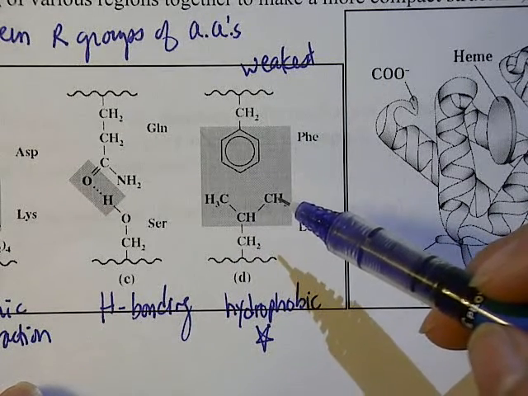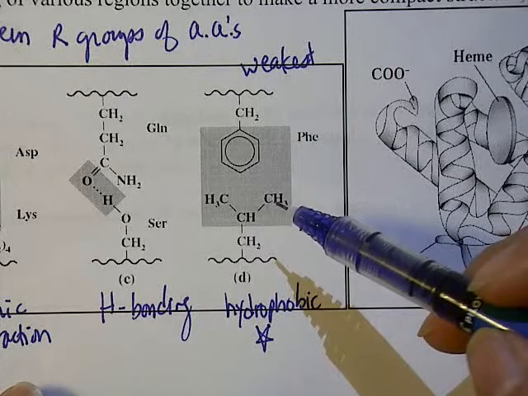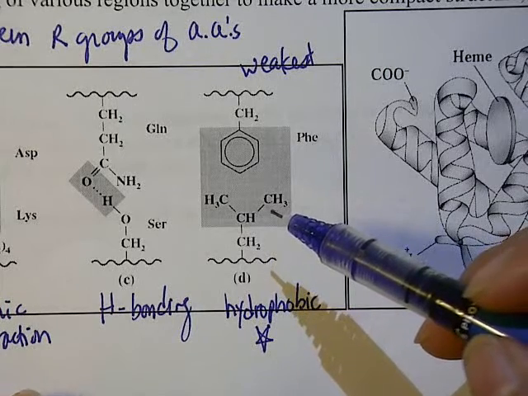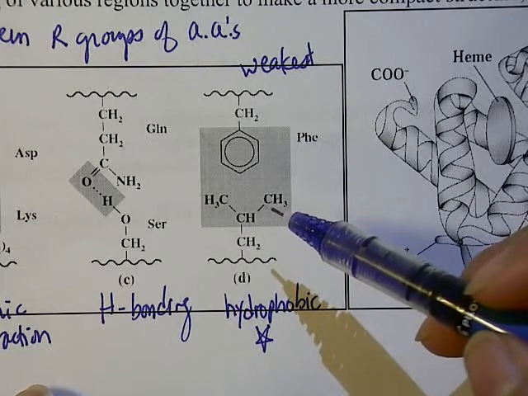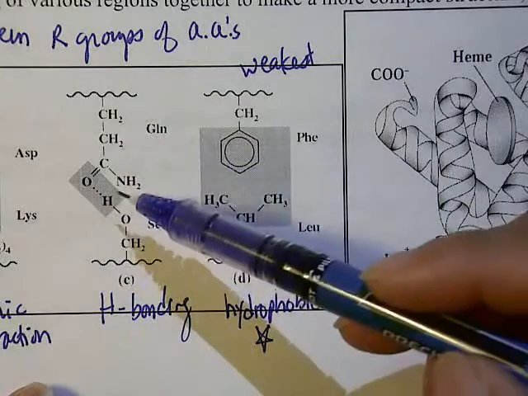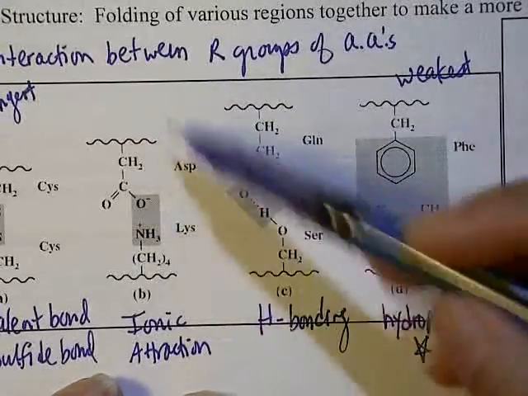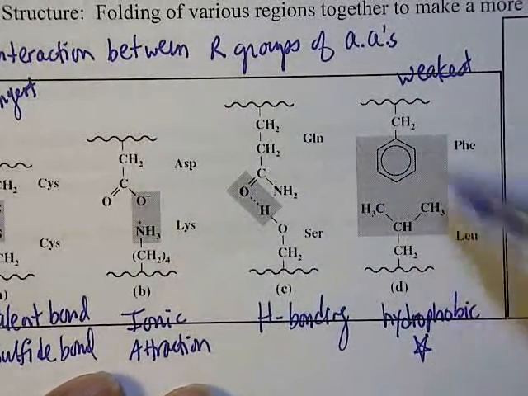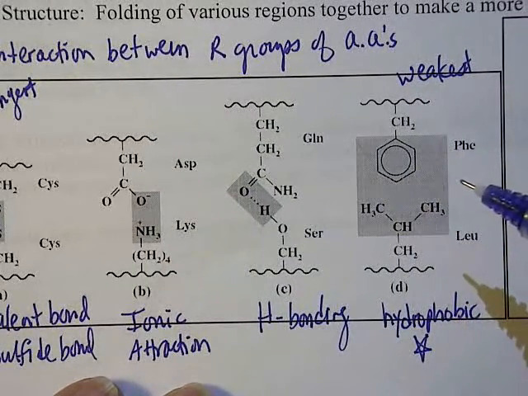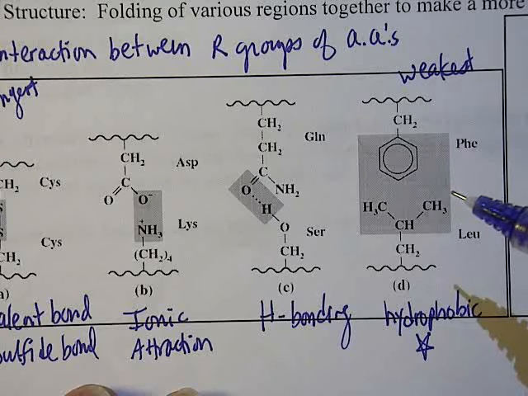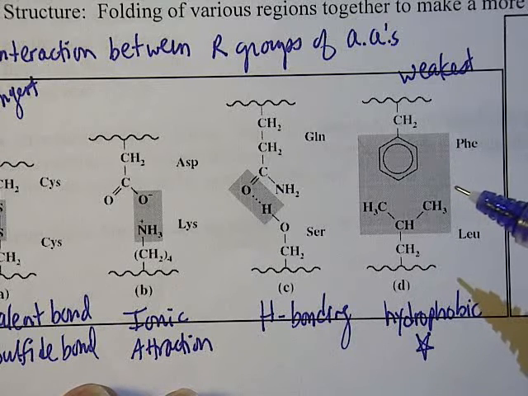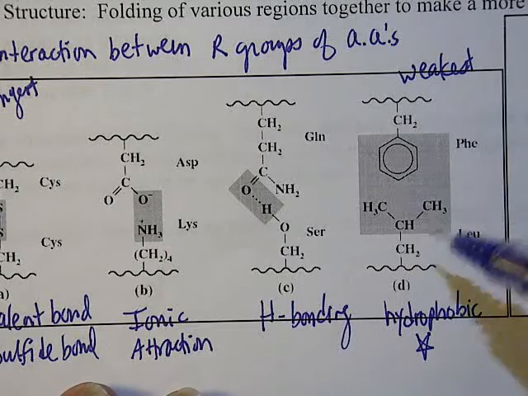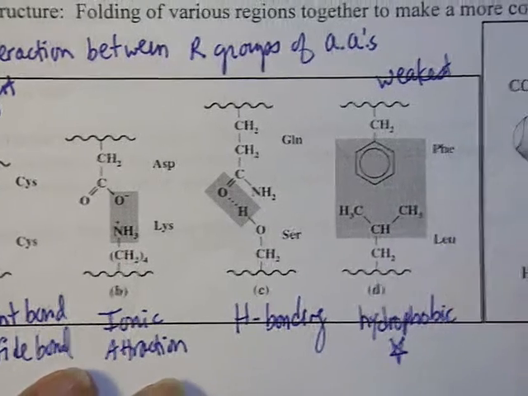Even though they're very, very weak, the cumulative effect can be greater in magnitude than a single hydrogen bond or a single ionic attraction. So you can't disregard this interaction, and you have to pay attention to the cumulative effect when thinking about why proteins fold a certain way.